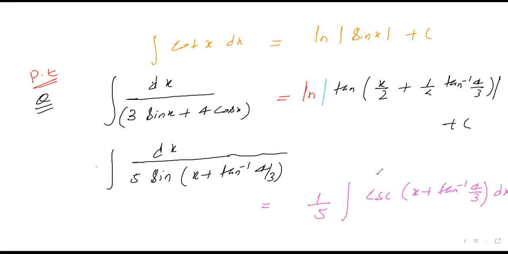Now you can integrate this one. I think I have missed 1 divided by 5 here, so please write 1 divided by 5 also. Now after integrating this one, you will get this. I am not going to show further steps. Thank you.